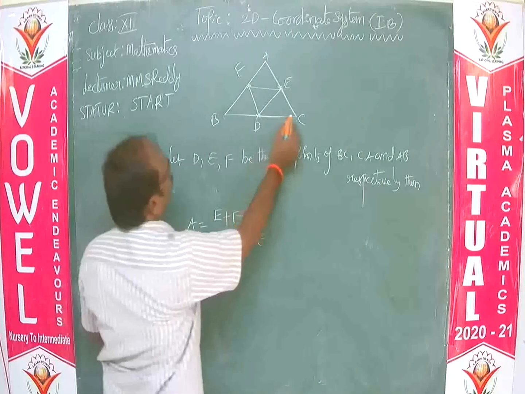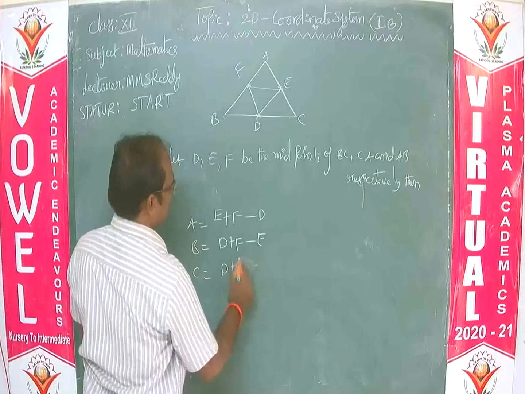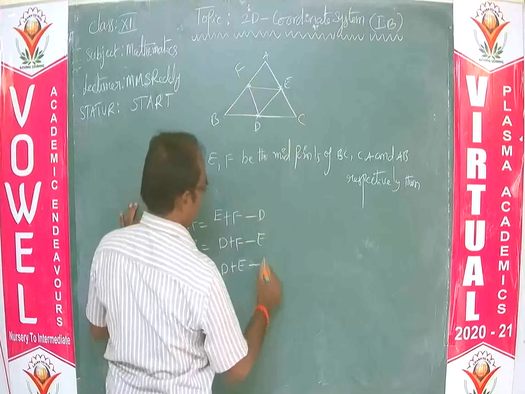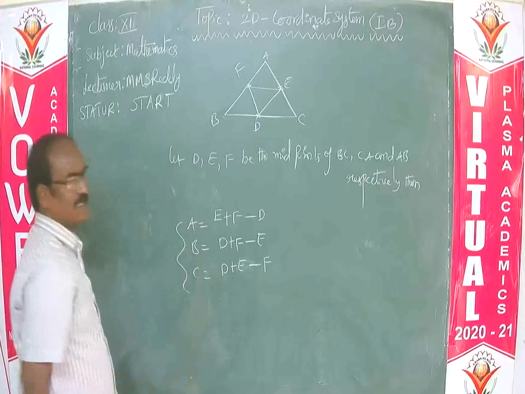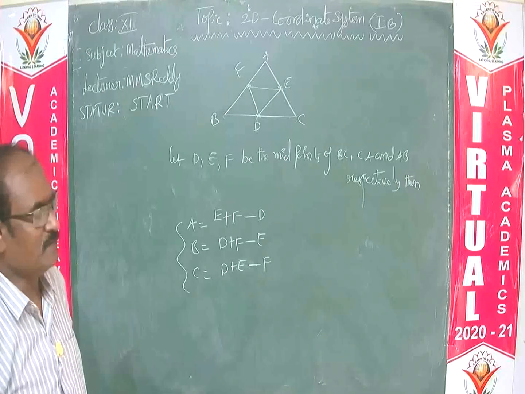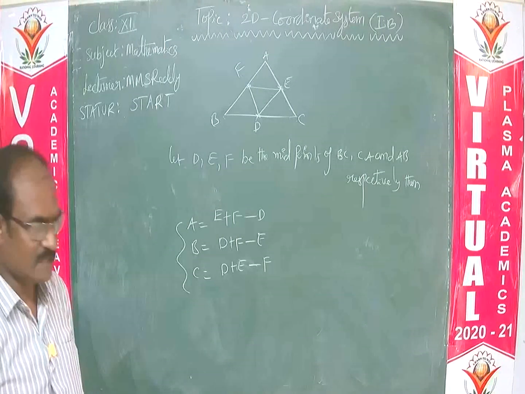C is equal to D plus E minus F. So here is the method of finding the vertices of a triangle when the midpoints are given.